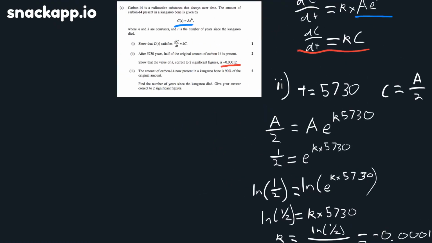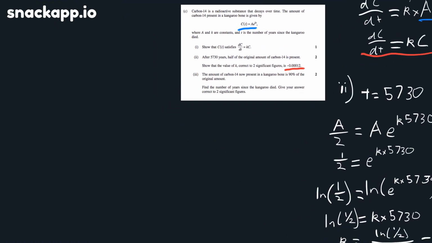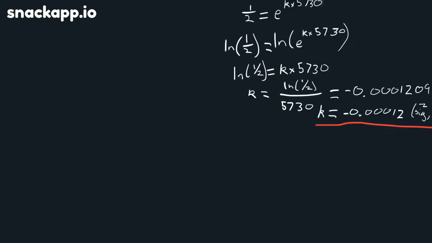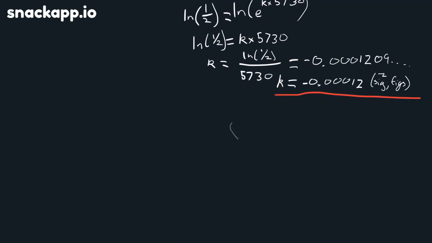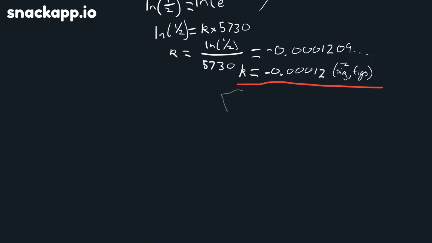Now let's have a look at part III. Part III says that there's now 90% of the original amount left. Find the number of years since the kangaroo died. It's a very similar sort of question to what we just did, but we already know what k is, so we're going to have to work out what the time is.